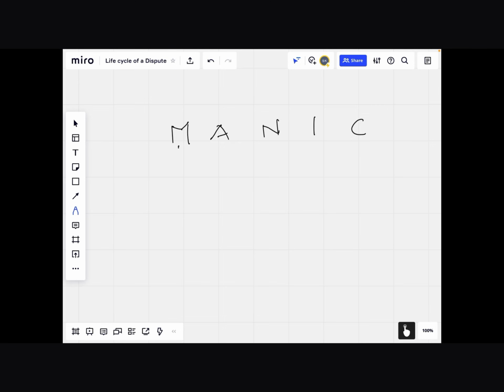This M stands for merchant, and A stands for acquirer. This is the network or the scheme. This is the issuer, and this is your cardholder.